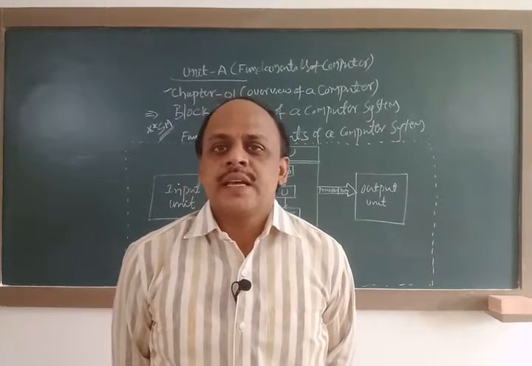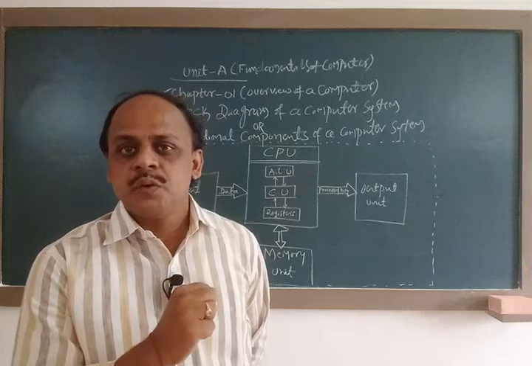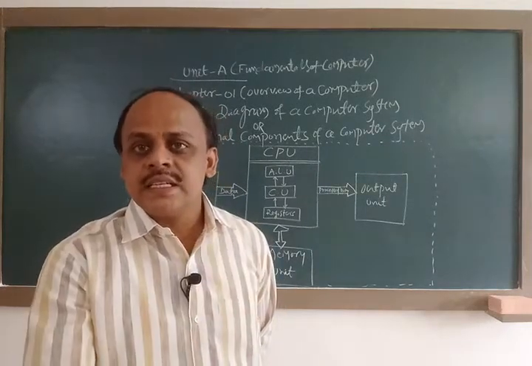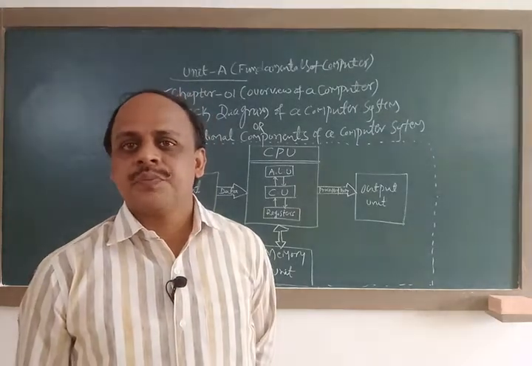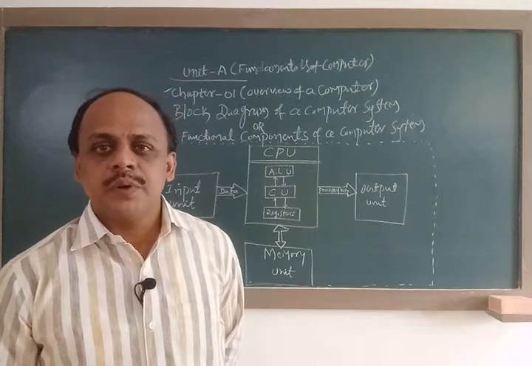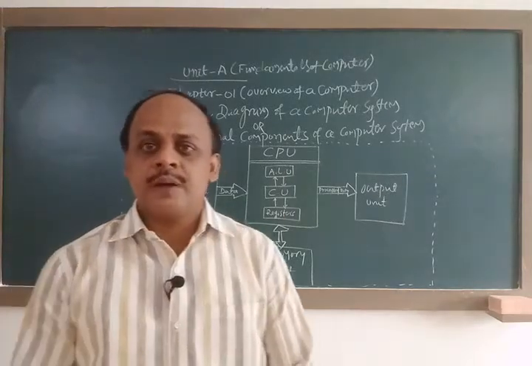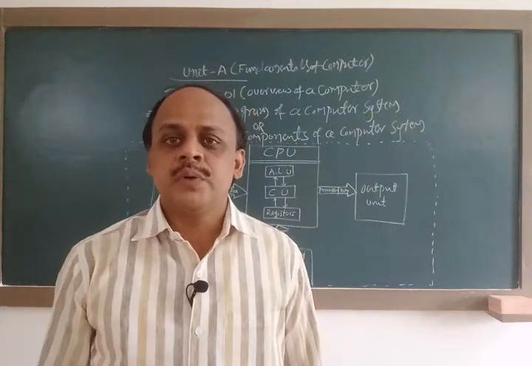A computer is an electronic device which accepts input from the user, processes it, and produces the result in the form of output to the user, right? This is the definition of a computer. After the explanation of this diagram, you are going to understand a clear definition of a computer system.